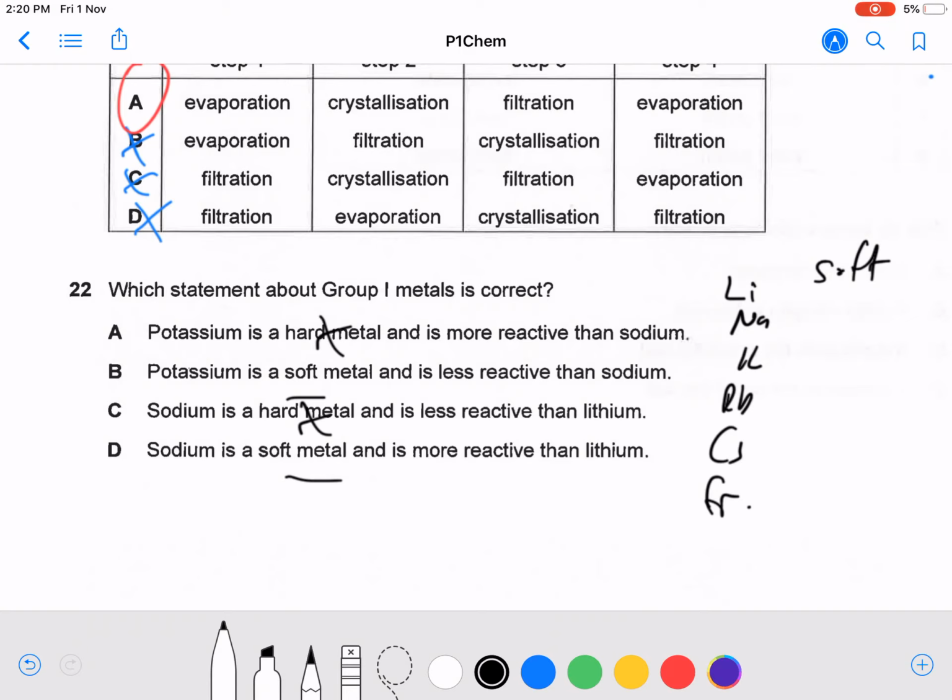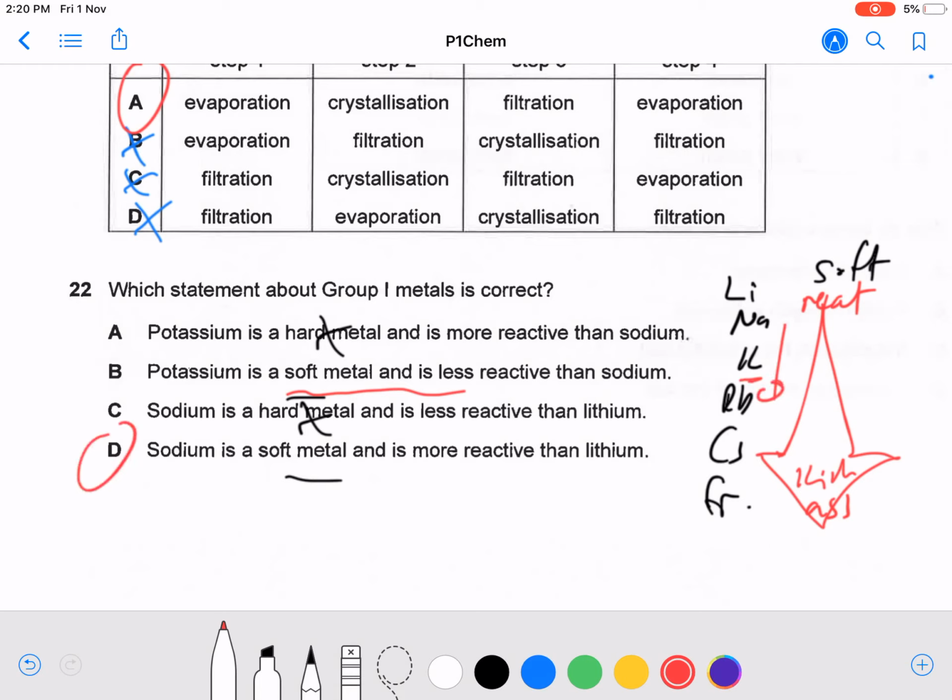Which is more reactive? Well, reactivity increases down the group. So these kick ass. Don't put that in your exam. And these also react, but more gently. Is potassium less reactive than sodium? No, it's not, because potassium's here, reactivity increases down the group, so the answer is D. Because sodium is underneath lithium.